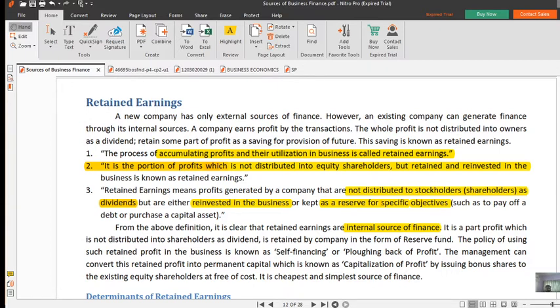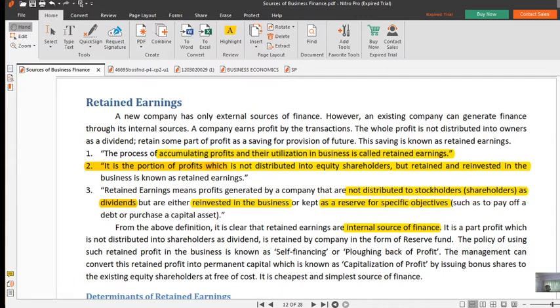The next definition is a more comprehensive definition of retained earnings.